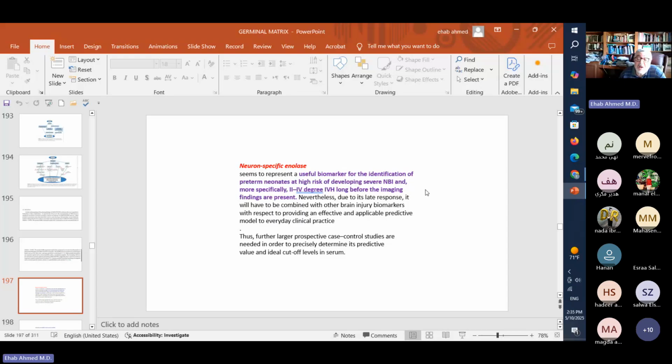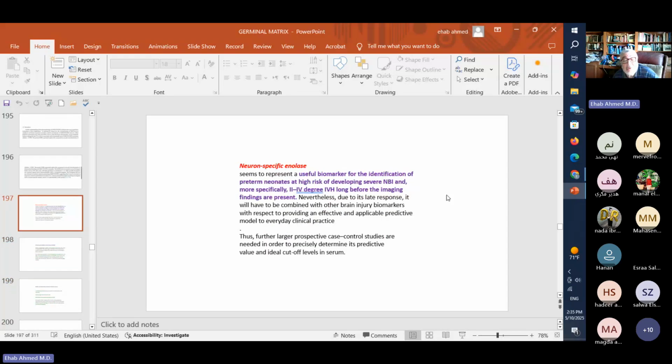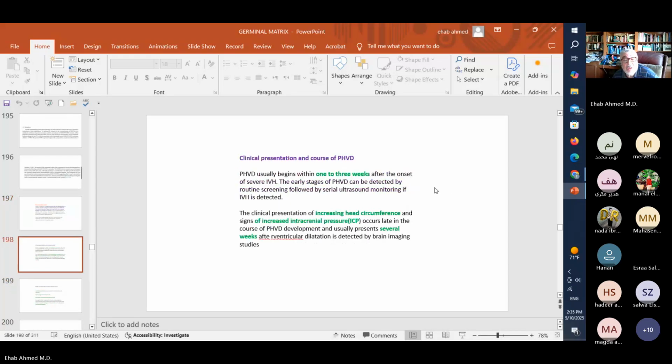I don't know what NBI is. Neuronal brain injury, yes. So, neuron-specific enolase.